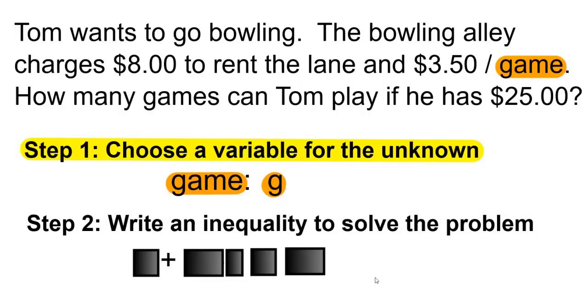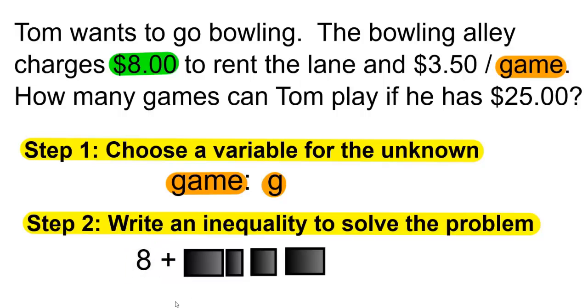Step number 2, write an inequality to solve the problem. For starters, the bowling alley charges $8 to rent the lane, so we'll have to start with $8. Plus $3.50 multiplied by every game he plays.